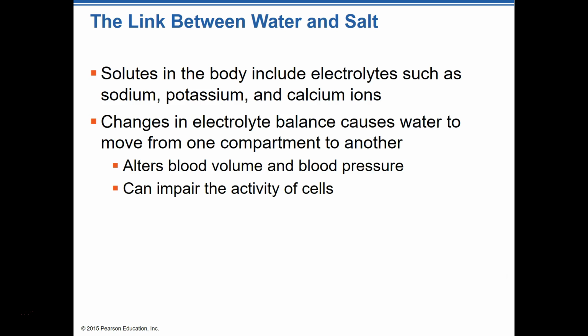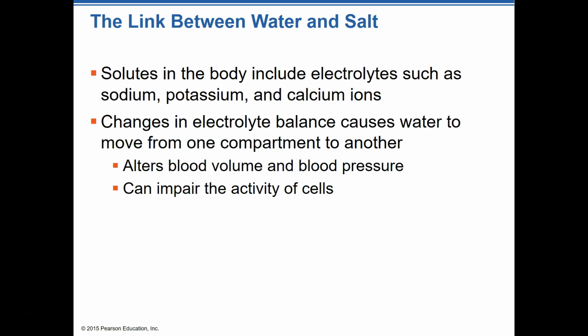Remember, the body has all of these electrolytes, such as sodium, potassium, and calcium ions. We talked about that to the nth degree. Changes in these balances cause the water to move from one compartment to another. Remember when we talked about diffusion way back in the early chapters: if you have a higher concentration of sodium on one side than the other, what's easier to happen?